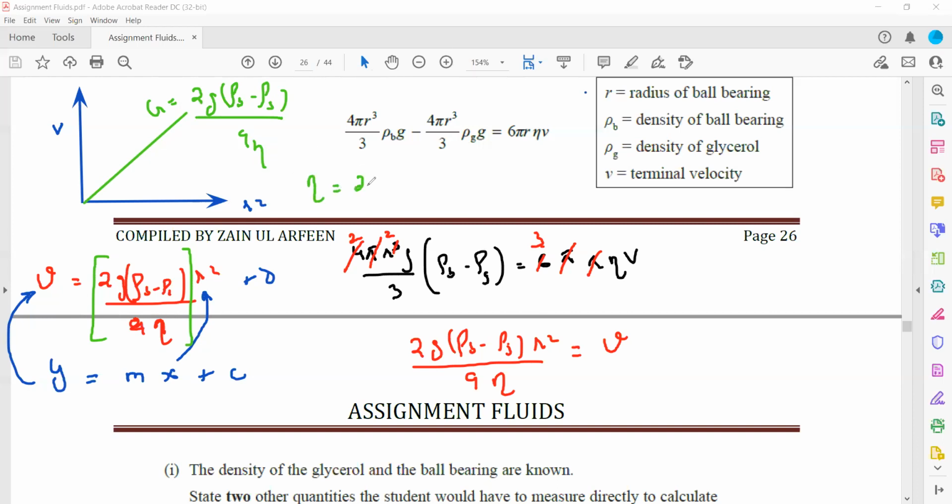Viscosity will be equal to 2g, the difference in the density of the ball bearing and glycerol, divided by 9 into the gradient. Is it clear how we can use the graphical method to work out the viscosity?